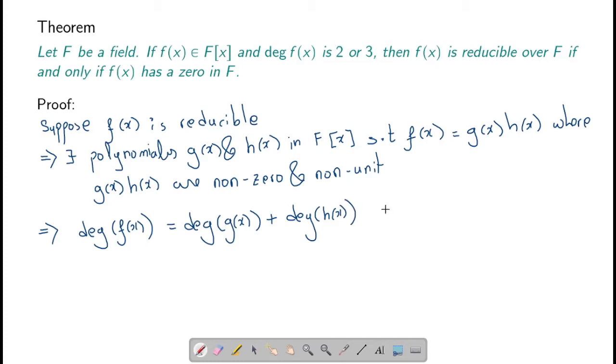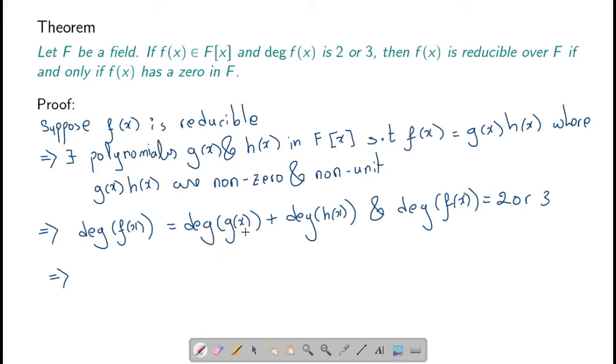But we know that the degree of f(x) is either 2 or 3. Therefore, as the degree of g(x) and h(x) cannot be 0, this means that the degree of g(x) and h(x) is either going to be 1 or 2.